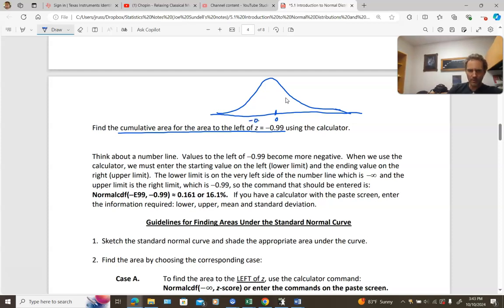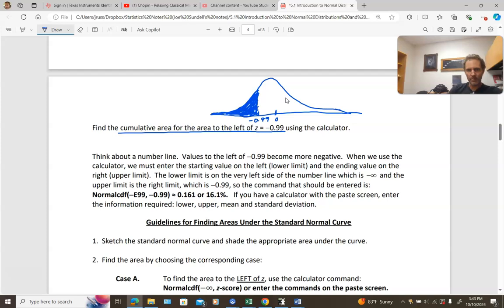Negative 0.99, that's about negative 1. That's about 1 standard deviation to the left of the mean. So what we're trying to do, the cumulative area would be how much area is under the curve to the left of that value of z. In other words, how much area is in this portion of the tail that I'm shading right here.